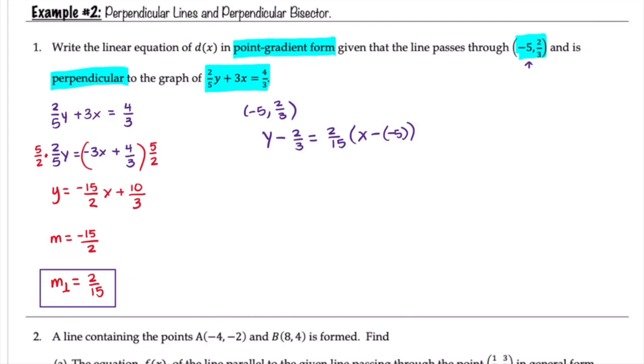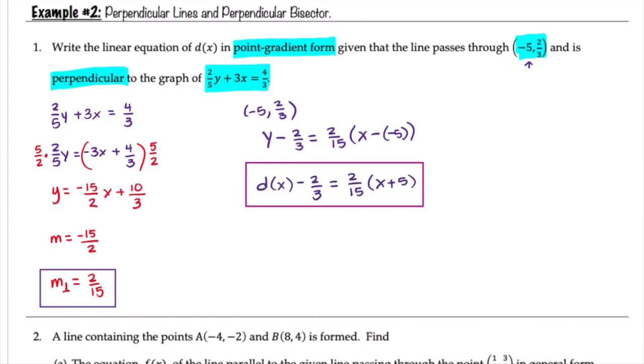And I'm going to clean this up and write my y in terms of d of x because that's what they wanted. And my equation is d of x minus 2/3 is equal to 2/15 times x plus 5.